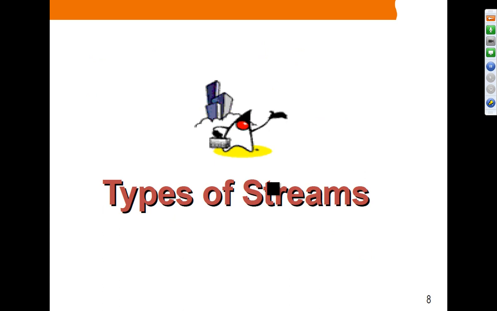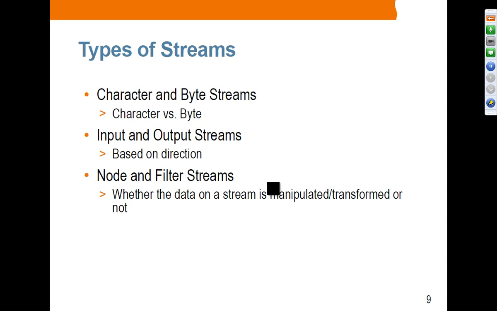So let's talk about types of streams. There are three different categories that you can use. First, it could be character stream or byte stream. So it represents either characters or bytes as the type of the data that is being transported. Or it could be based on direction, of course. So it could be input stream or output stream.